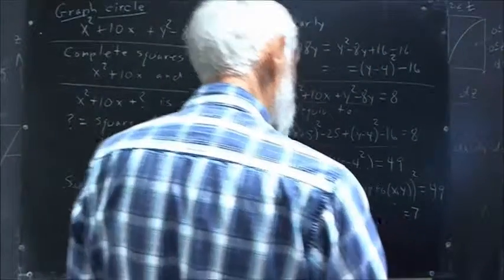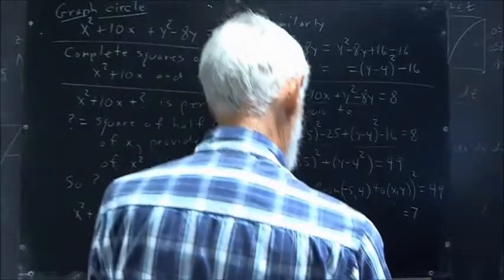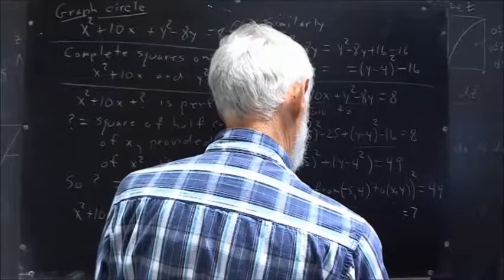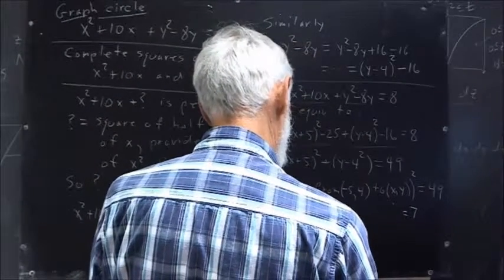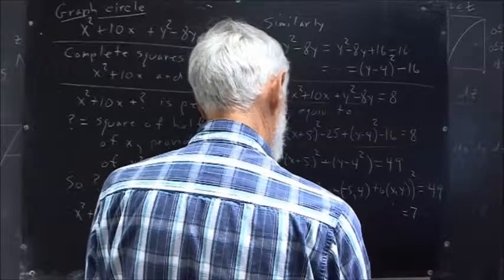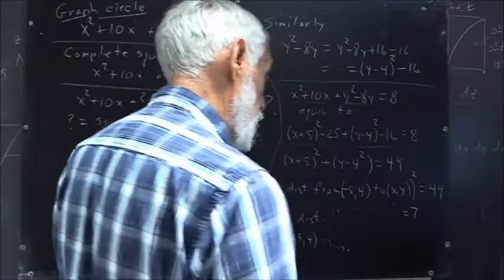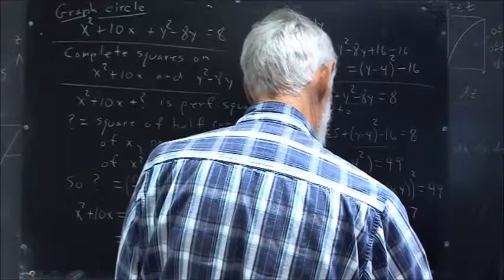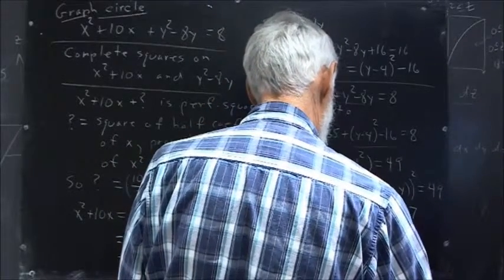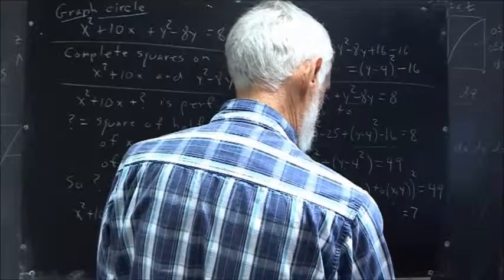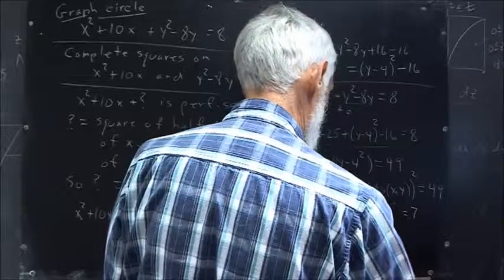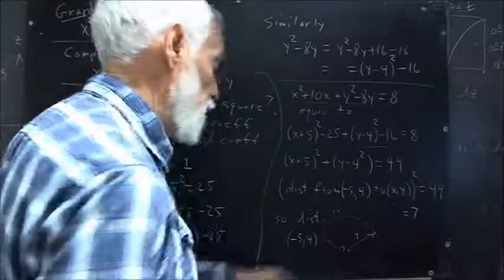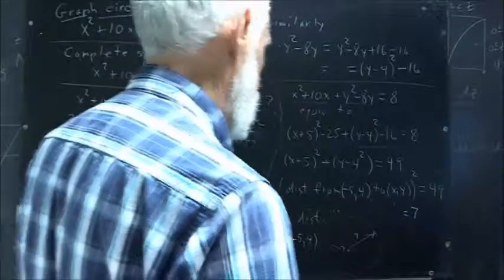Now the locus of points, if we have the point negative 5, 4, and we have a point here at distance 7, well, that point is just part of a circle of radius 7 about this point.